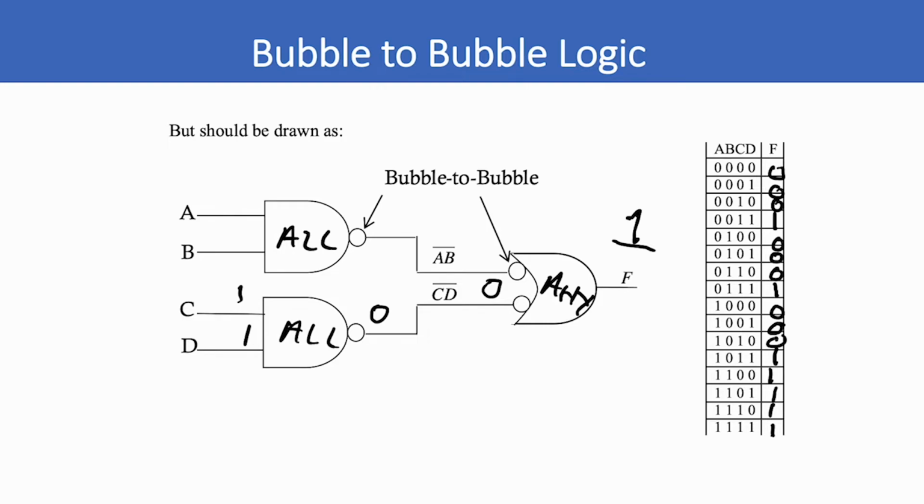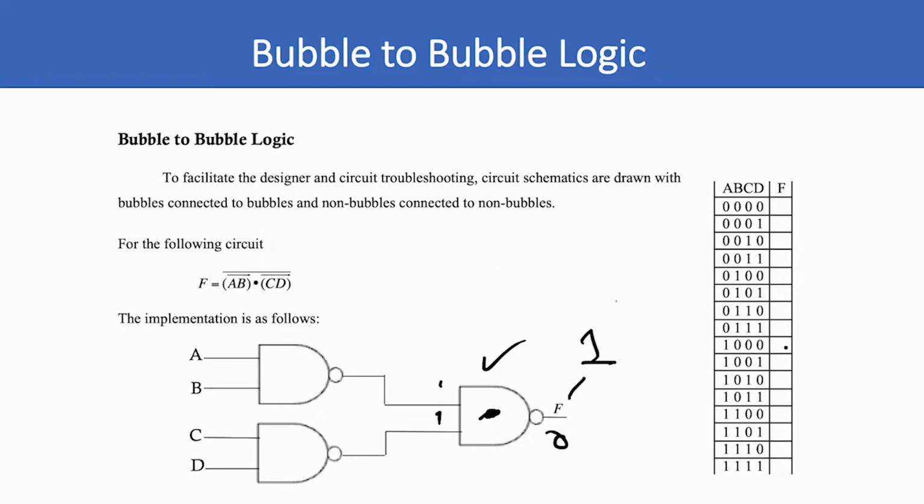We've created the truth table, or we've been able to analyze the circuit to create the truth table, because logically, when we look at this circuit, it makes logical sense. When we look at it this way, it doesn't, because it doesn't really describe logically what's going on. You have to kind of understand a little bit about how this AND gate works here, which is really saying that any low is going to give a high.